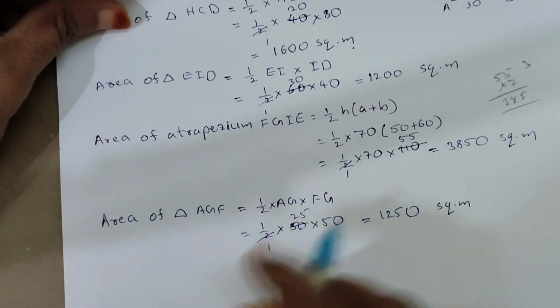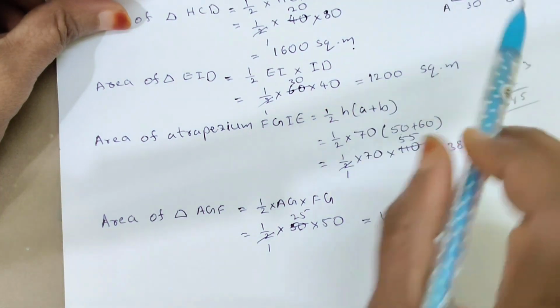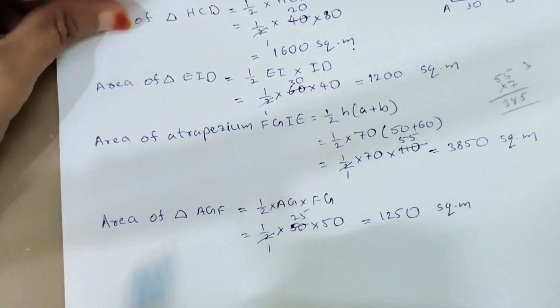Now the area of the total field. This complete field area is equal to the sum of all these areas.